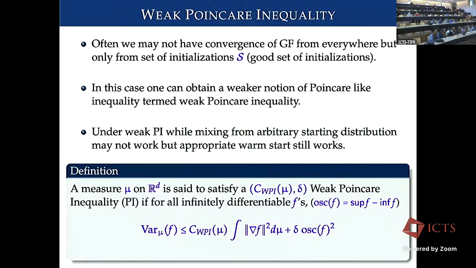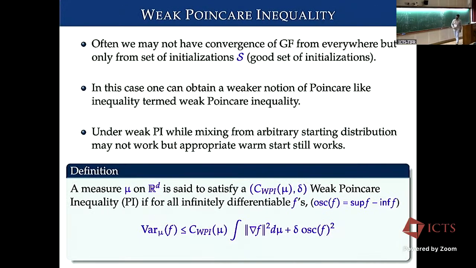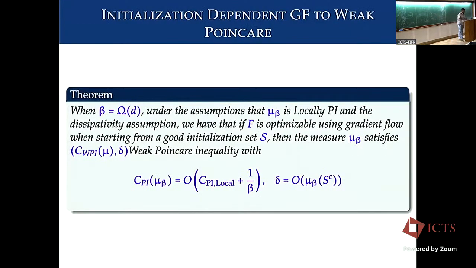And the idea is that if you have weak Poincare inequality, while you cannot start from any arbitrary distribution and converge on sample, what you can show is that if you have good warm start distributions, then you can converge. And the nice thing is that pretty much the same style of mechanism, with a little bit more work, actually gives you the result.